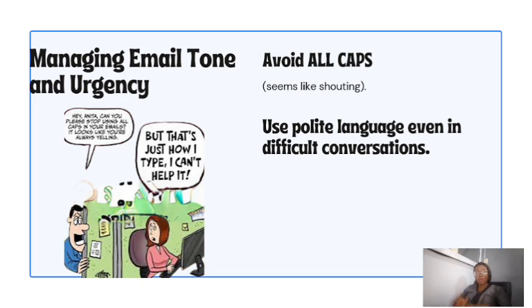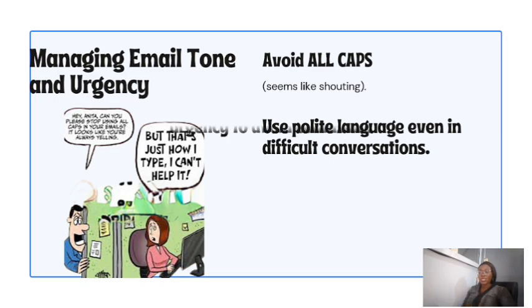You can type the email, then paste it into GPT and tell it to help you make it polite: "I do not want to sound rude. I want to pass this message, but I do not want to be rude." It is very important to use polite language even in difficult conversations.